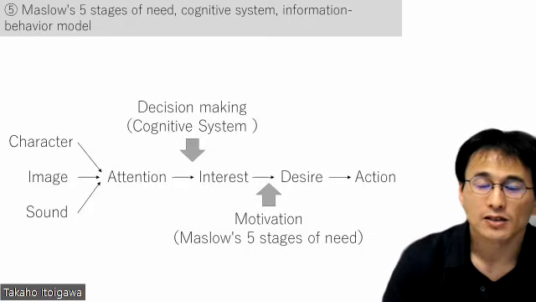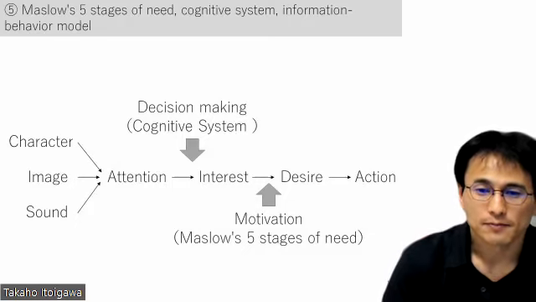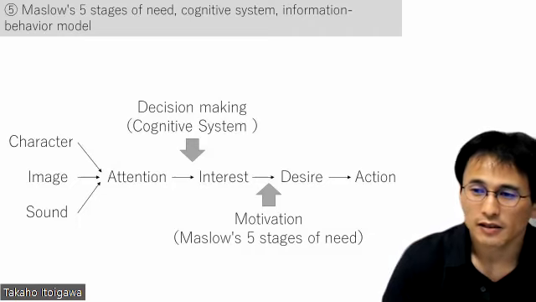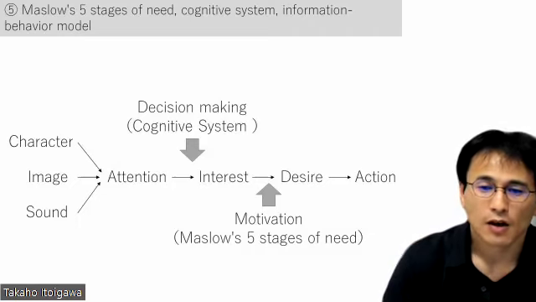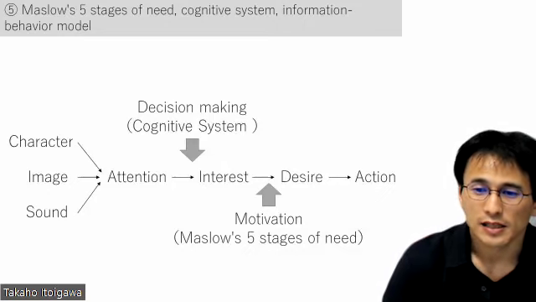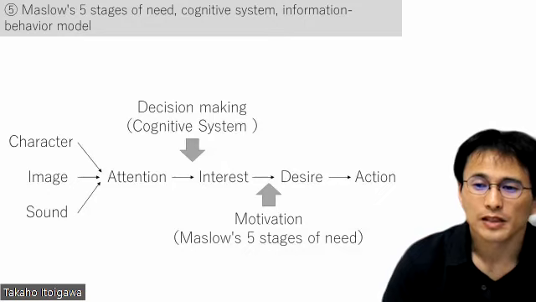Then, Maslow's 5 levels of needs fall under desire because they directly motivate behavior. In addition, decision-making and cognitive systems fall under interest because they are processes that interpret information.